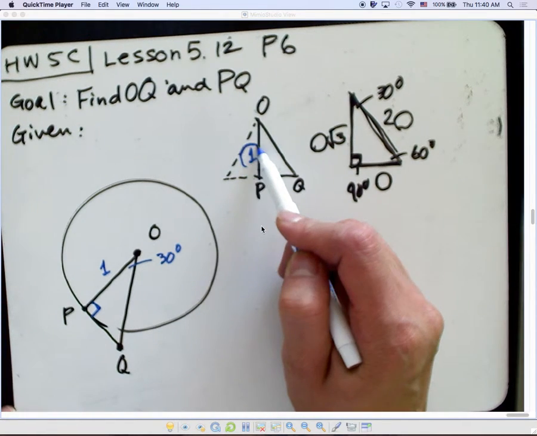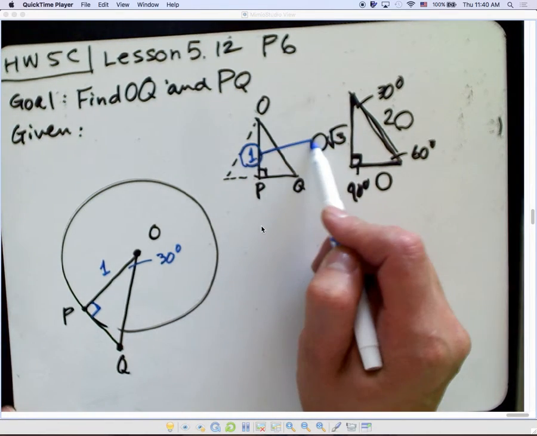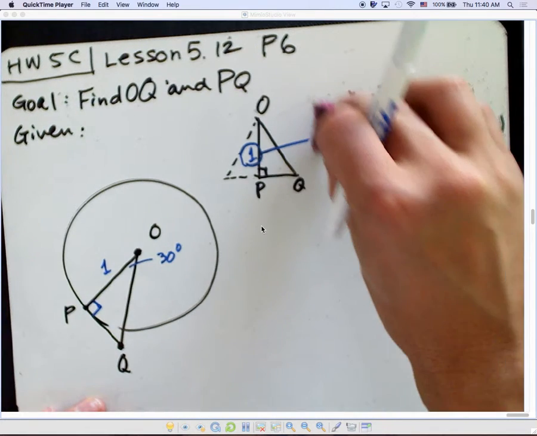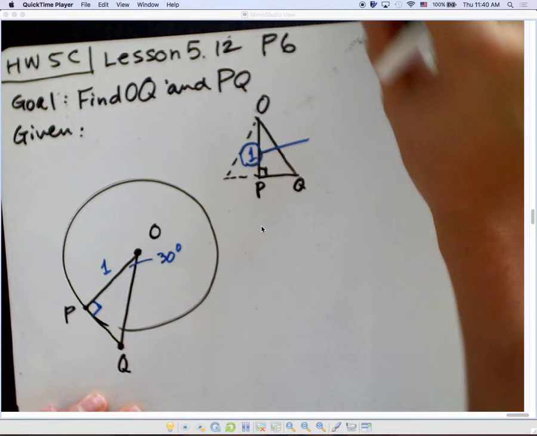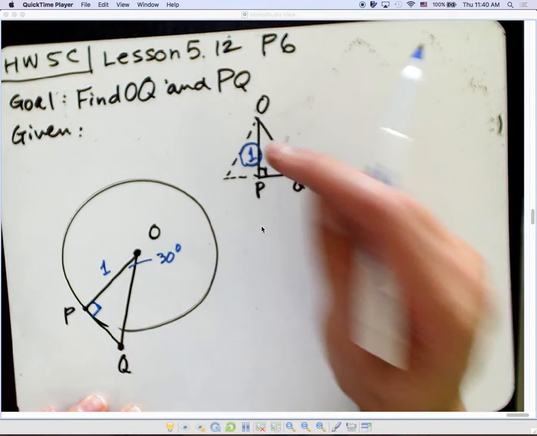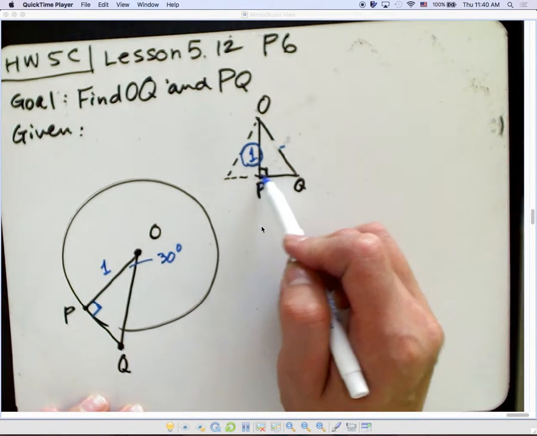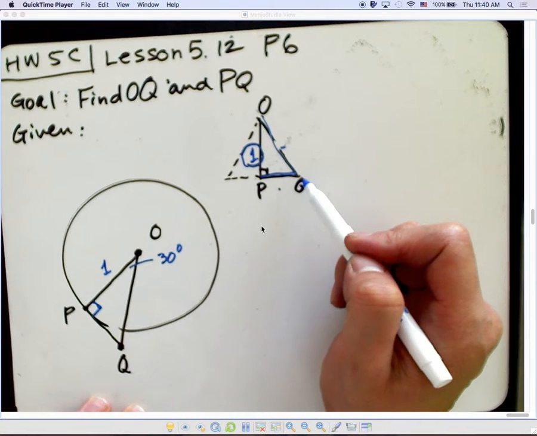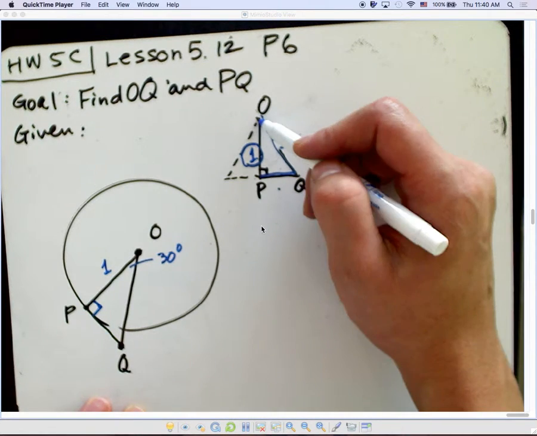So I'm sorry, those are the relationships. Once you find PQ, OQ will be twice as long as PQ.